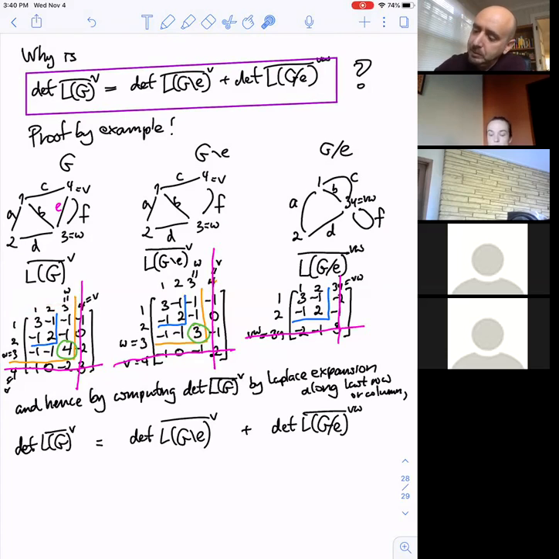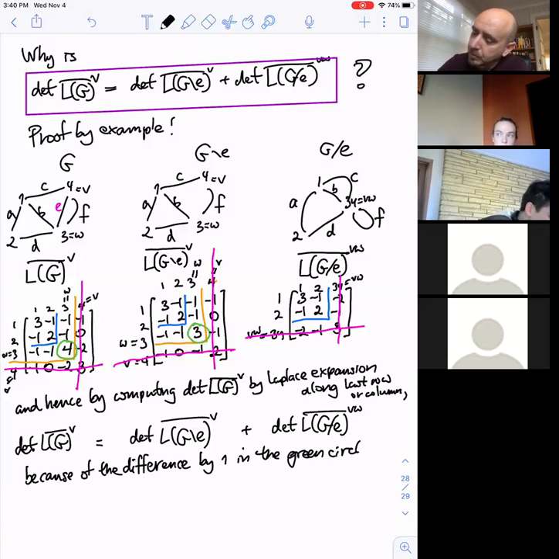All right, so let me just say, because of the difference by 1 in the green circled entries, namely the diagonal at WW.